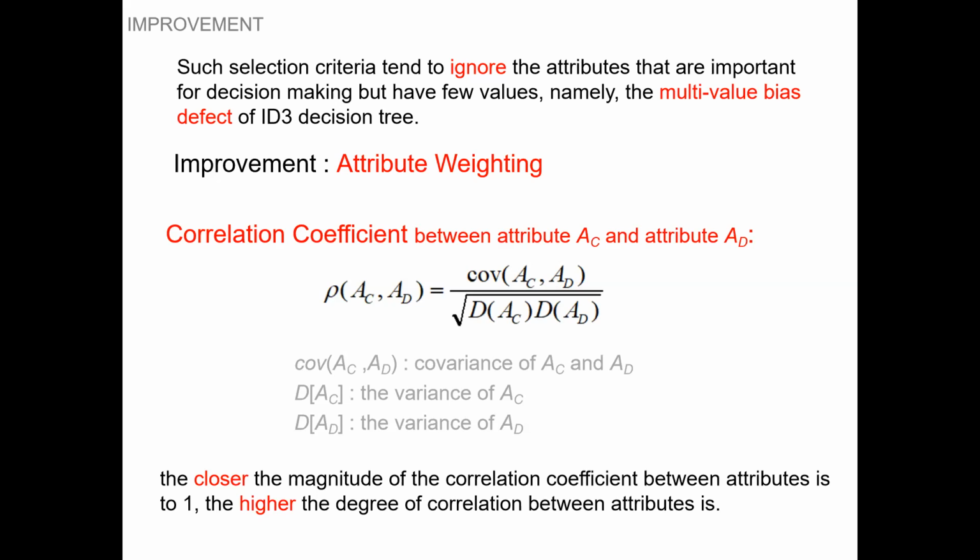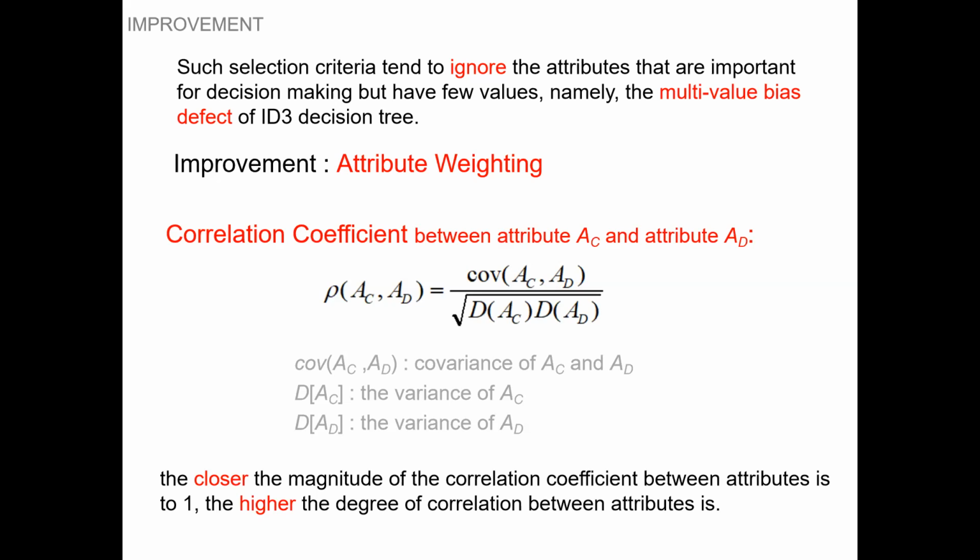And in the same sample space, the closer the magnitude of the correlation coefficient between attributes is to 1, the higher the degree of correlation between attributes is. Therefore, the significance of correlation coefficient can be used to calculate the correlation weight between attributes.